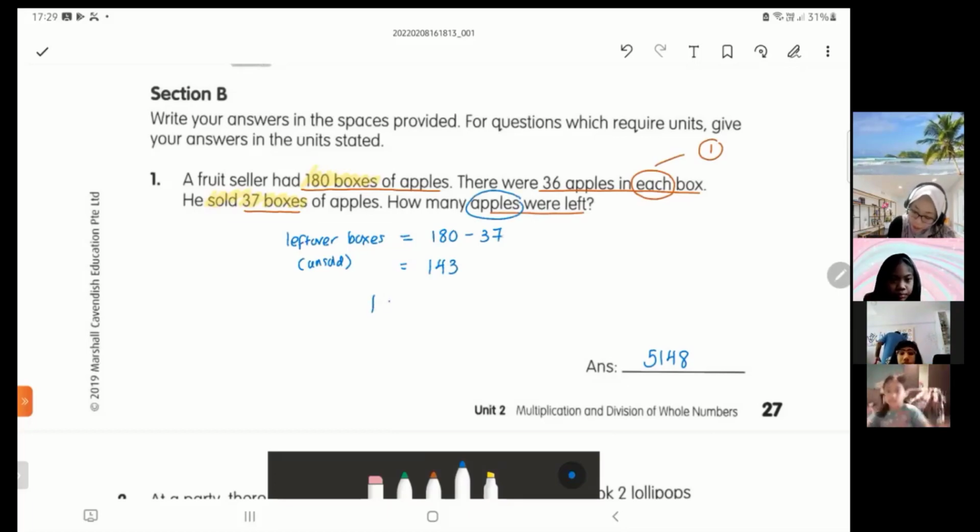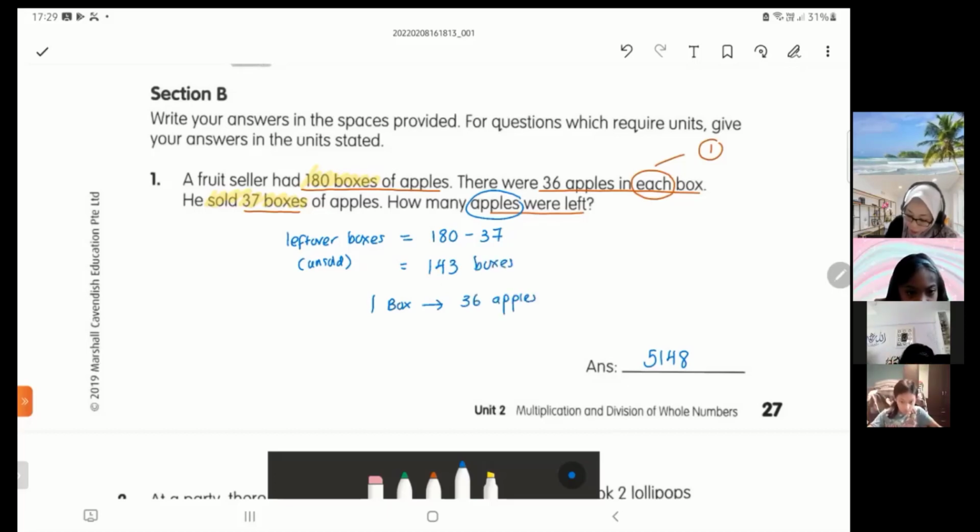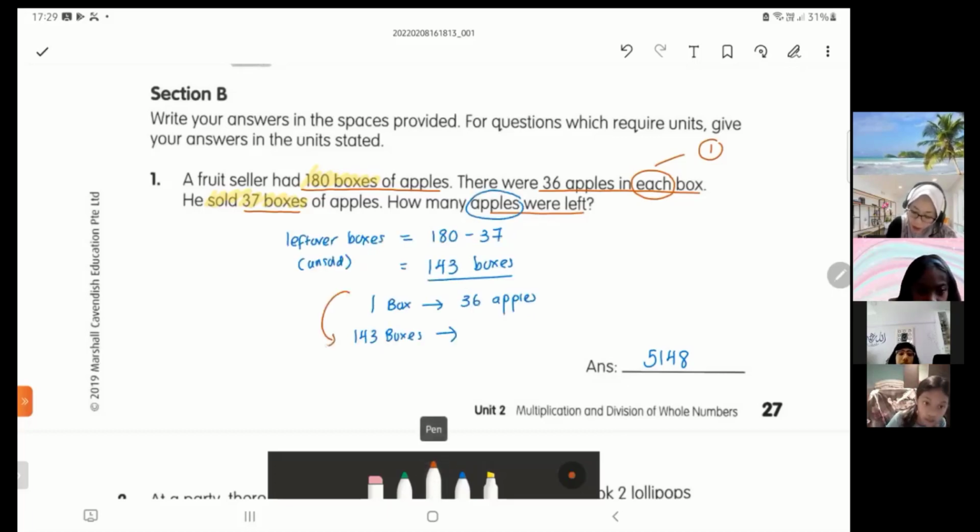Okay, one box is 36 apples. How many boxes do we have left? We have 143 boxes. So 143 boxes will be from 1 to 143, you times 143, because 1 times 143 is 143, right?